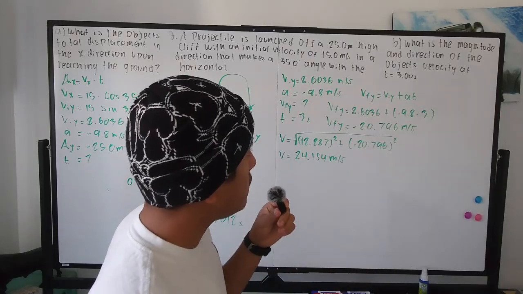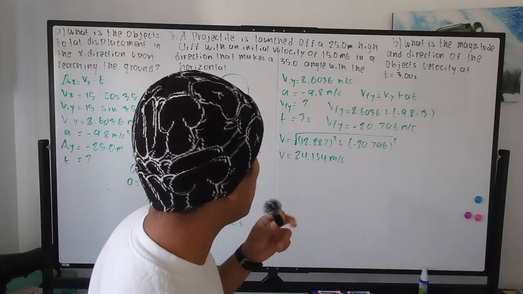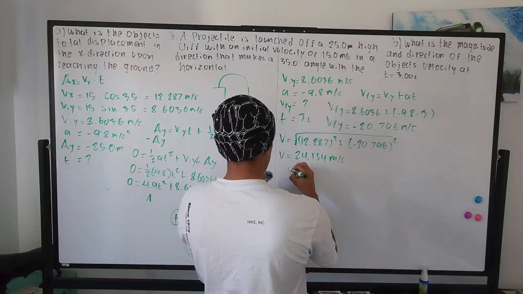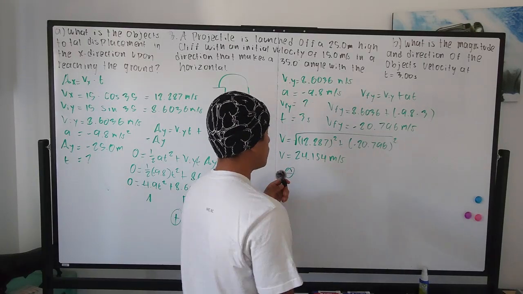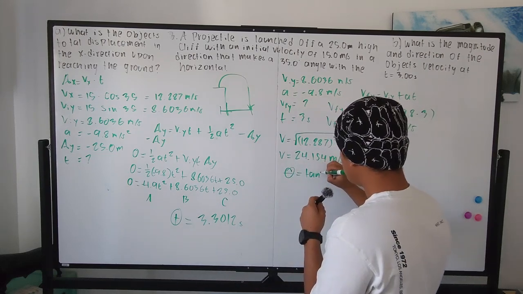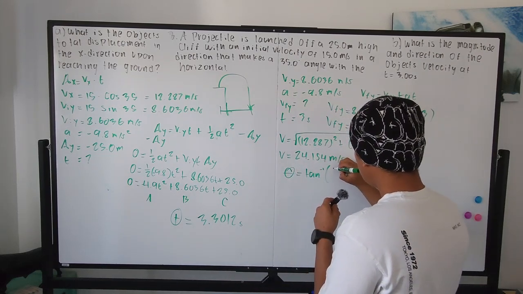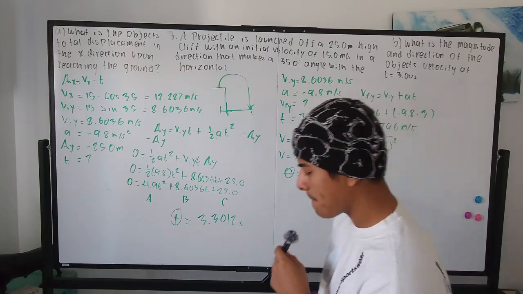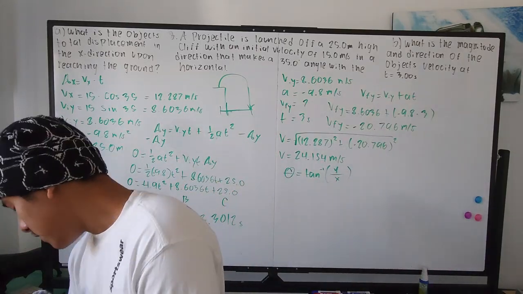Now, to get the direction, which is the angle, our angle theta is going to be equal to the inverse tangent of the y velocity over the x velocity, if I am not mistaken.